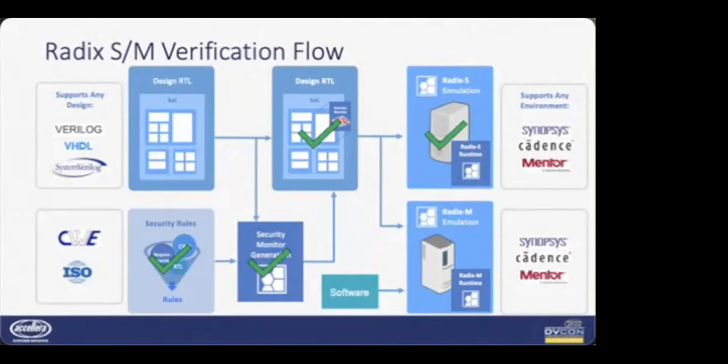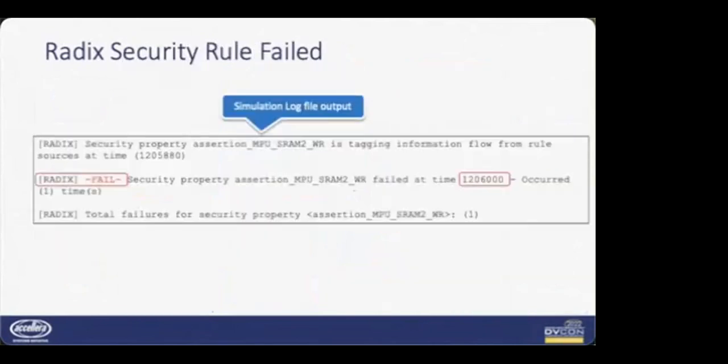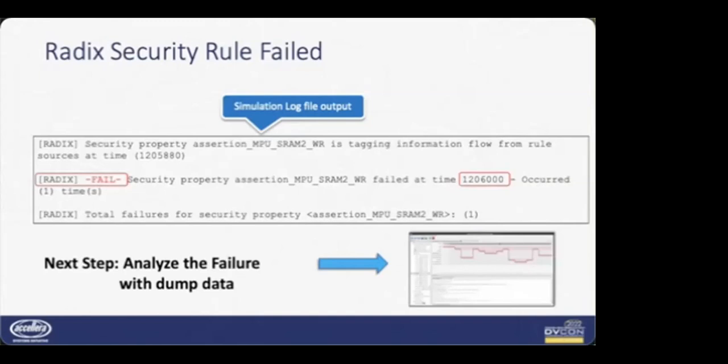So we're going to look at the log file next after the simulation is run to check if there are any errors, and we find that the Radix rule has now failed at the time shown here, and we're going to examine the dump data using the analysis views that I showed in the first example.